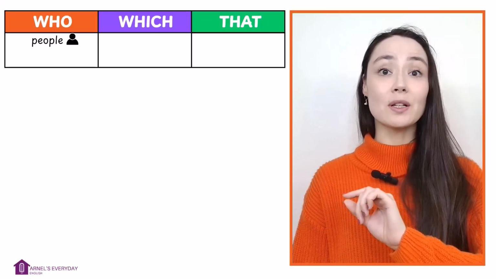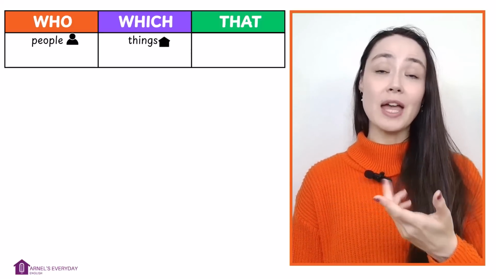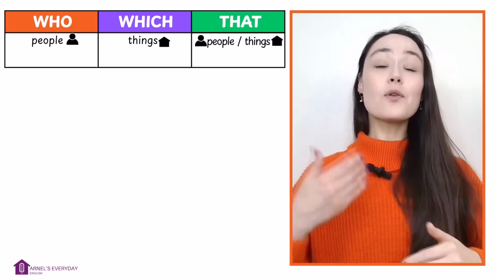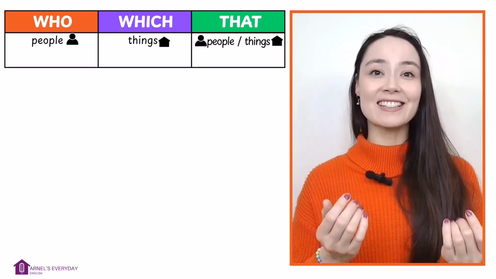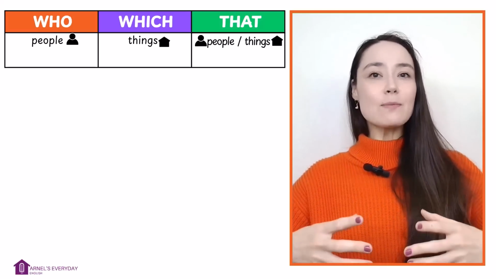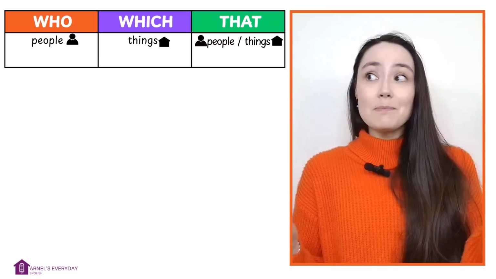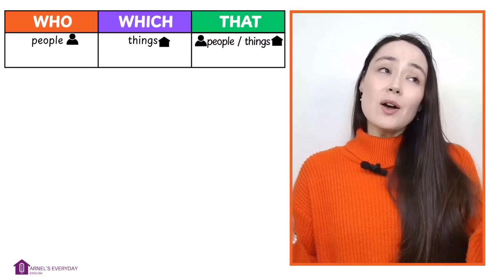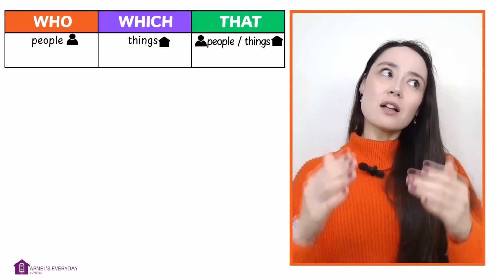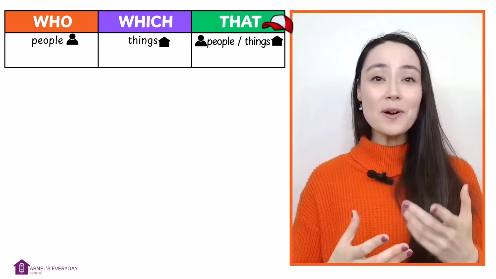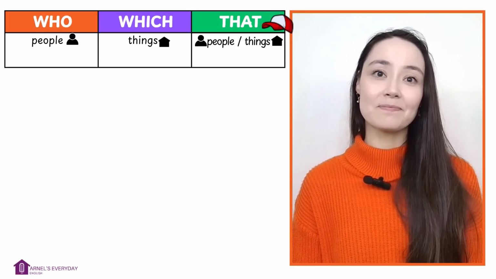Who for people, which for things, and that for people or things. You can see that is more flexible. But is there a difference? Well, that is just less formal and more common in conversations.